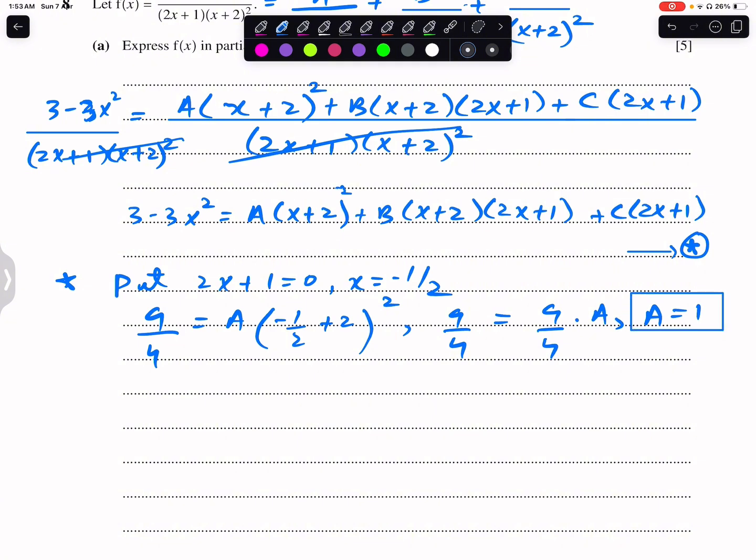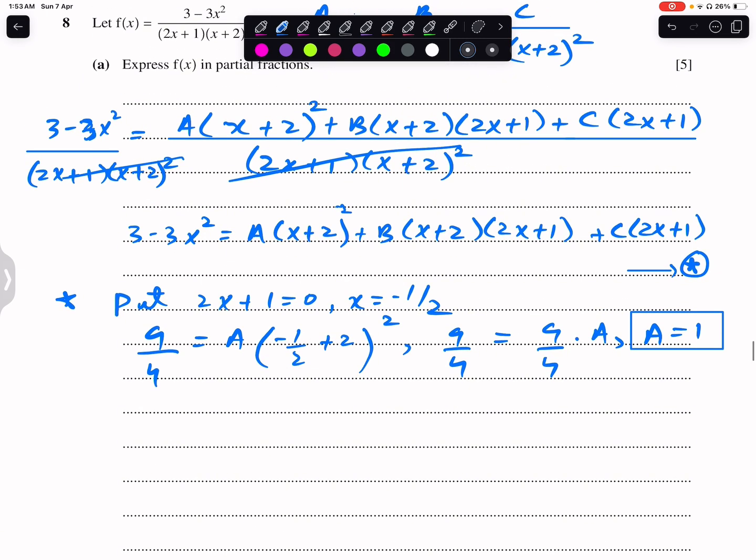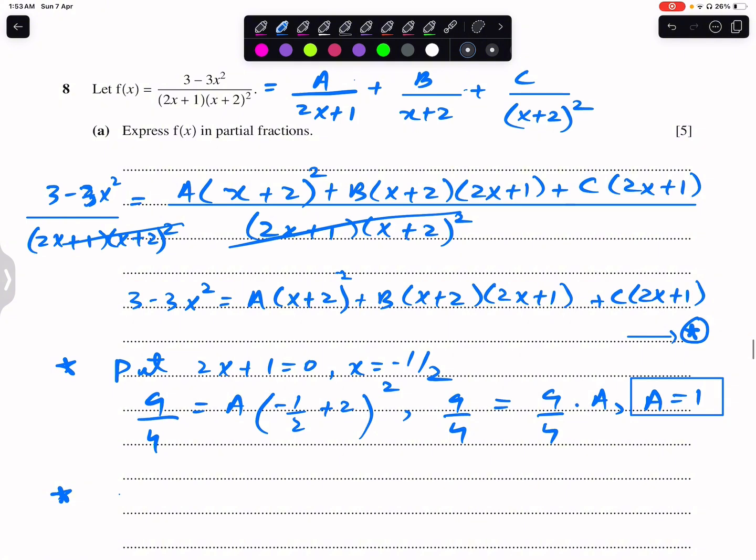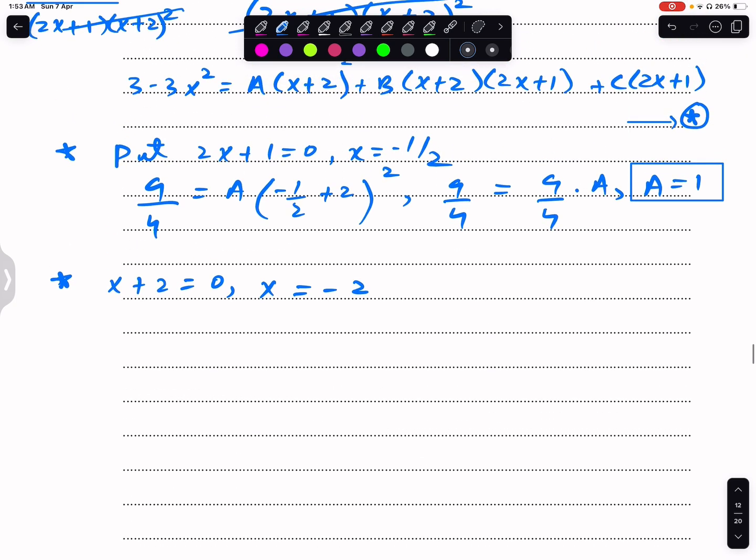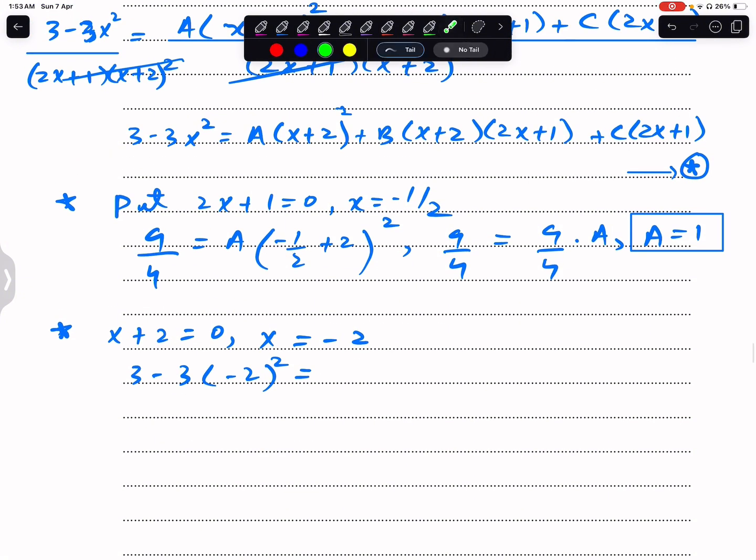A is equal to 1, and then put the second denominator, that is x plus 2 equals to 0. You will have x equals to minus 2. Put again: 3 minus 3 times minus 2 whole square; this thing will become 0.